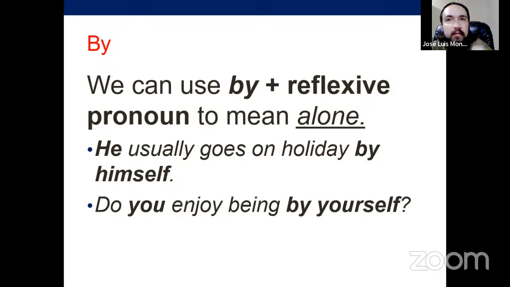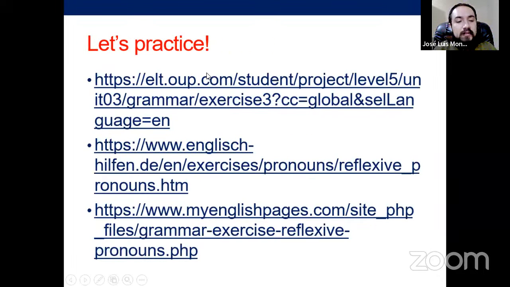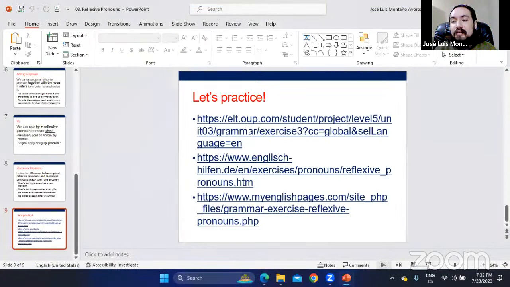But remember, that's not number one, is not doing receiving action. That's not number two, is not giving emphasis to anything. It's not number three because there is no description for a noun. No, this only means alone. All right. She always dances alone, or she always dances by herself. It is exactly the same. All right. So with that, we are finishing this specific lesson.